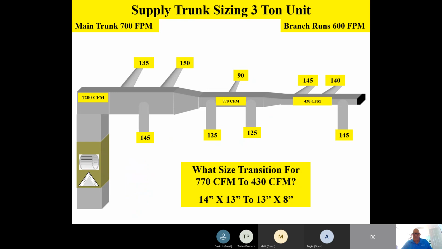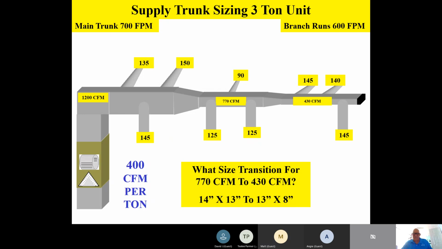This is called the air change per hour method: 3 air changes per hour for heating and 4 to 6 air changes per hour for cooling. You figure out the cubic foot area of that space, length times width times ceiling height, times the air changes per hour, and you'd come up with a CFM that way.